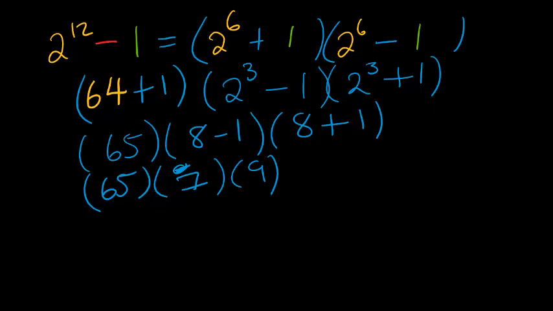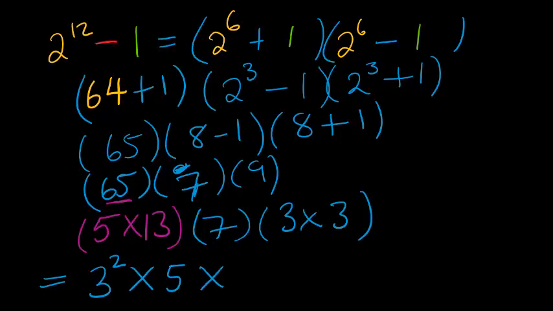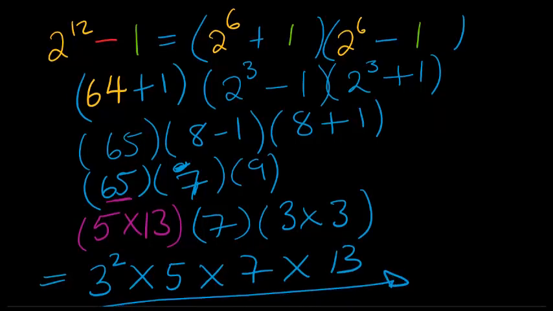Okay, so let's factorize. 65 becomes 5 times 13. 7 remains the same. And 9 is factorized as 3 times 3. So my final answer is going to be, I'm going to start with the 3's. 3 squared times 5 times 7 times 13. That's my final answer.